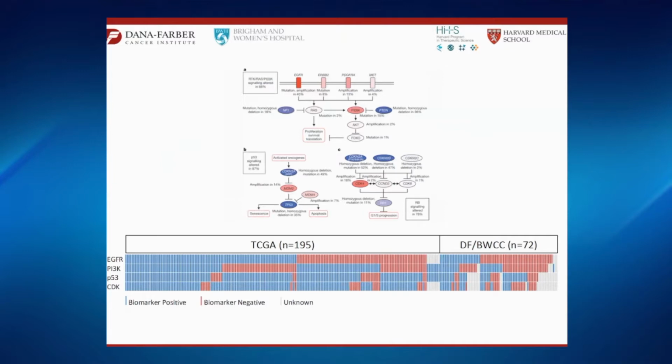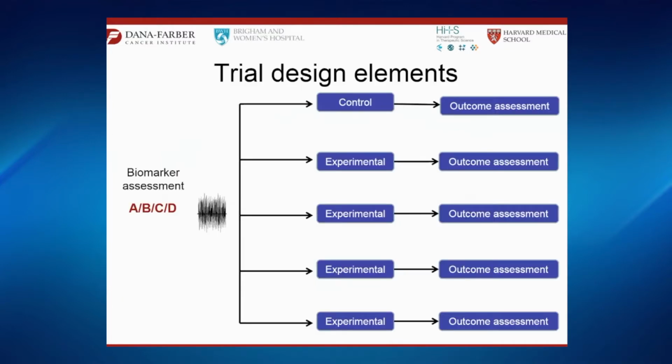But when we looked at the overlap of these in TCGA data and our data, there was a substantial amount of overlap. So if you had one, they weren't correlated with each other at all, really. If you had one, you could have two, you could have three, you could have none. And how do you assign patients to each one of those?